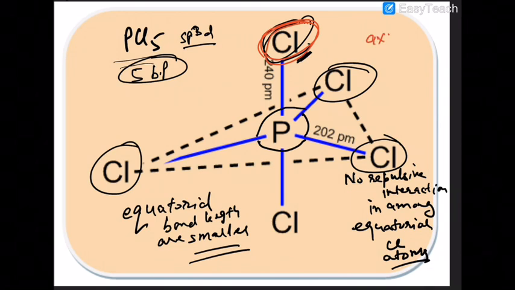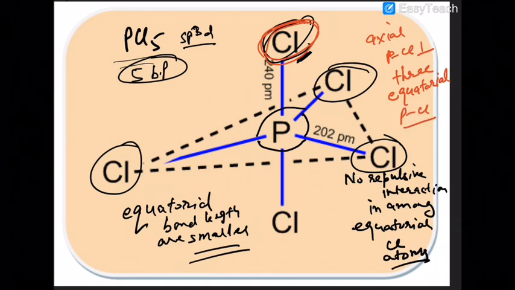So one axial PCl bond is perpendicular to the three equatorial PCl bonds.